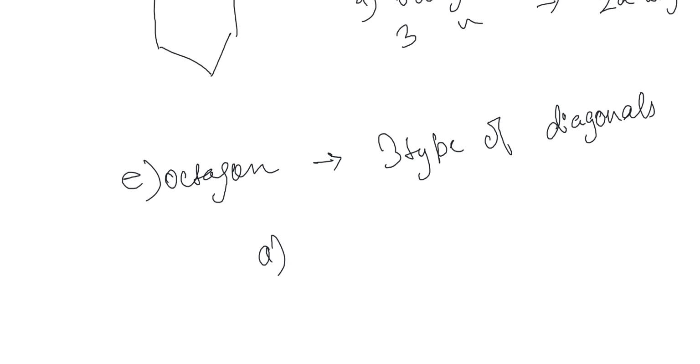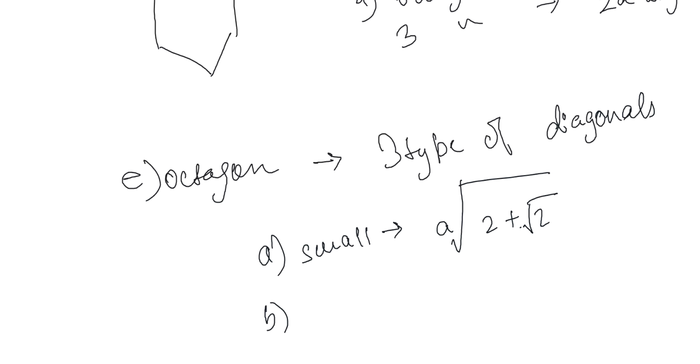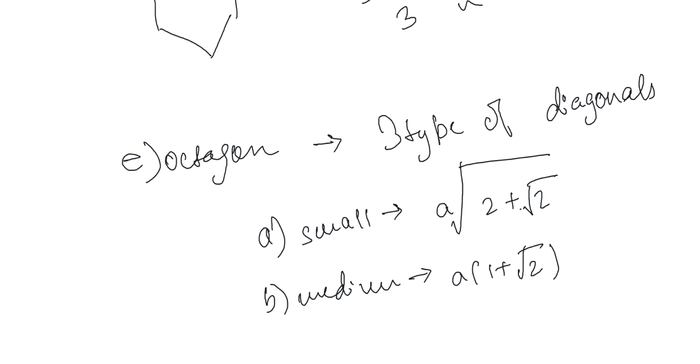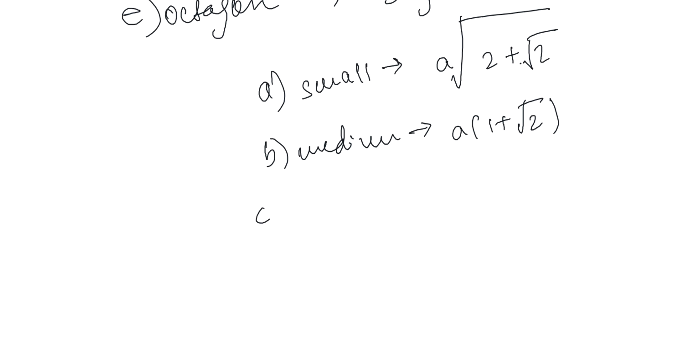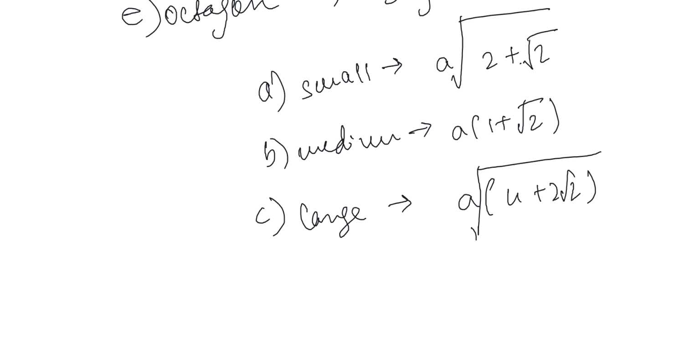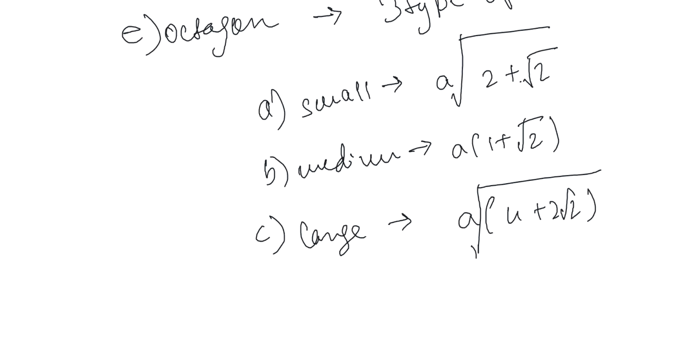First is the smaller ones, a root (2 plus root 2) length. Second is medium, which is a (1 plus root 2) length. And third one is large, which is a (4 plus 2 root 2) length, where a is the length of each side of the octagon.